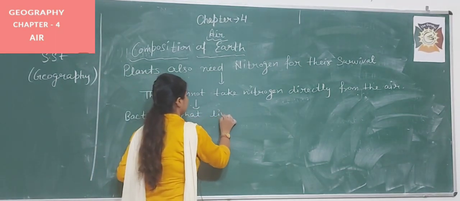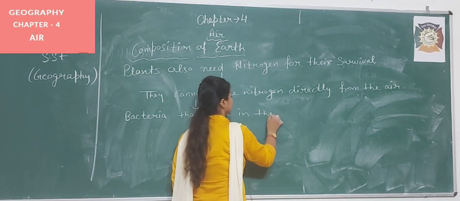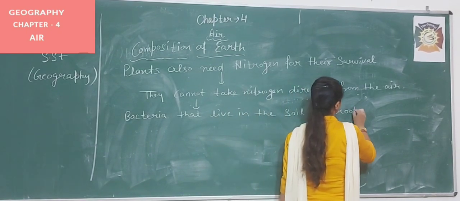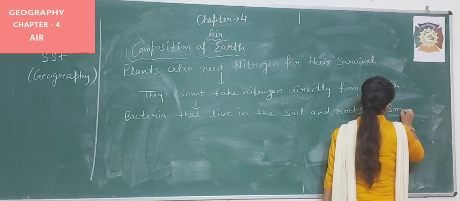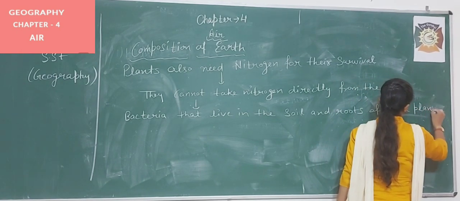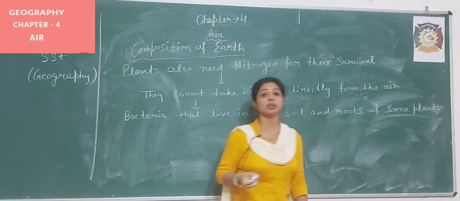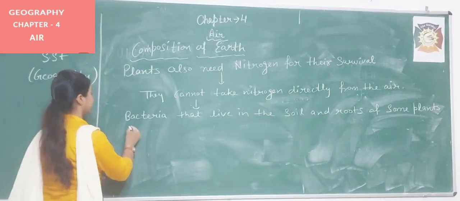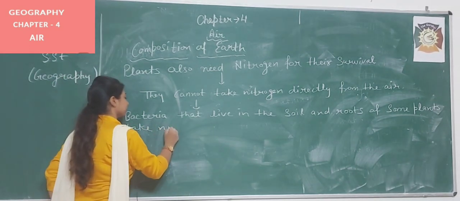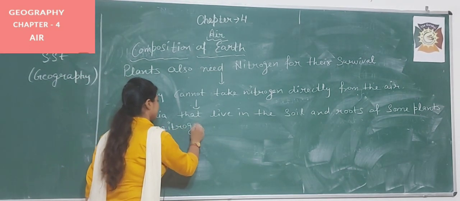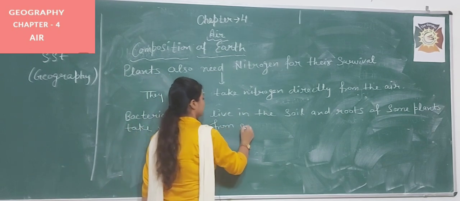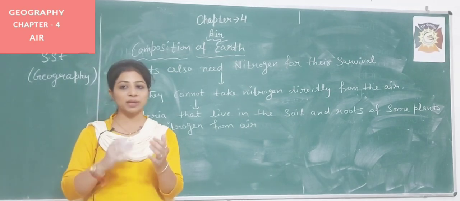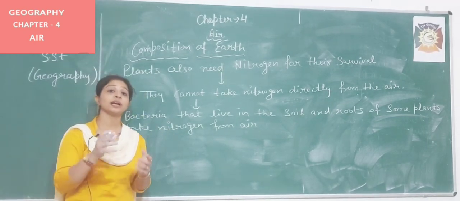That live in the soil and roots of some plants. Where do they live? They live in the soil and roots of some plants. They take nitrogen from air. After taking nitrogen, what do they do? They change its form so that plants can use it.